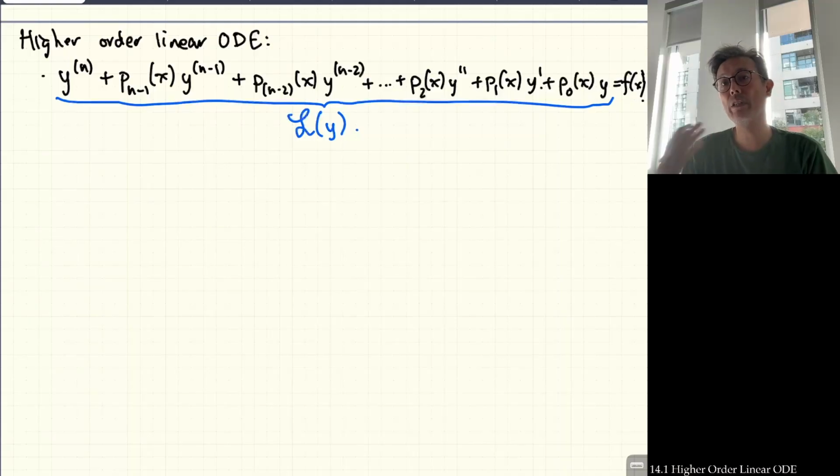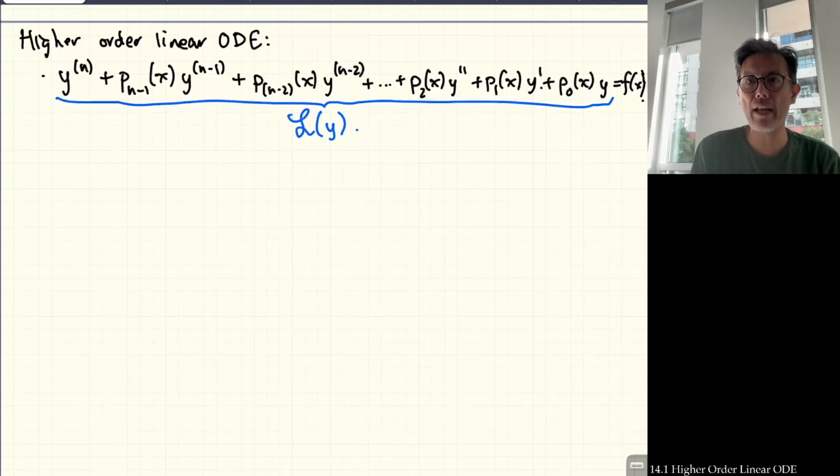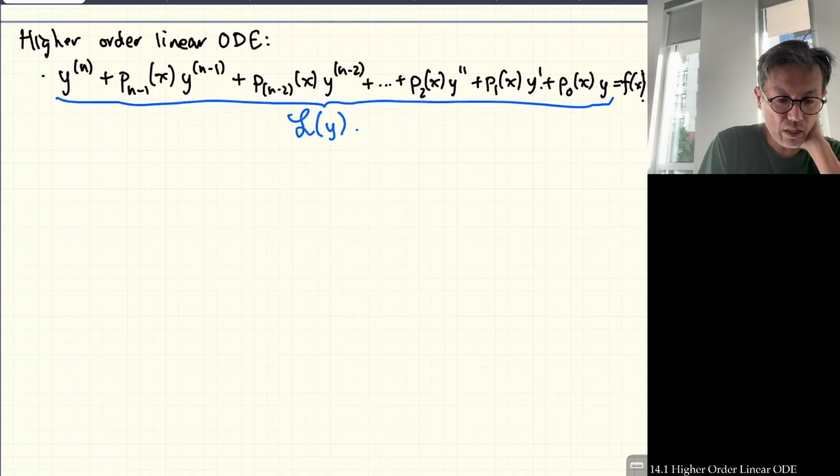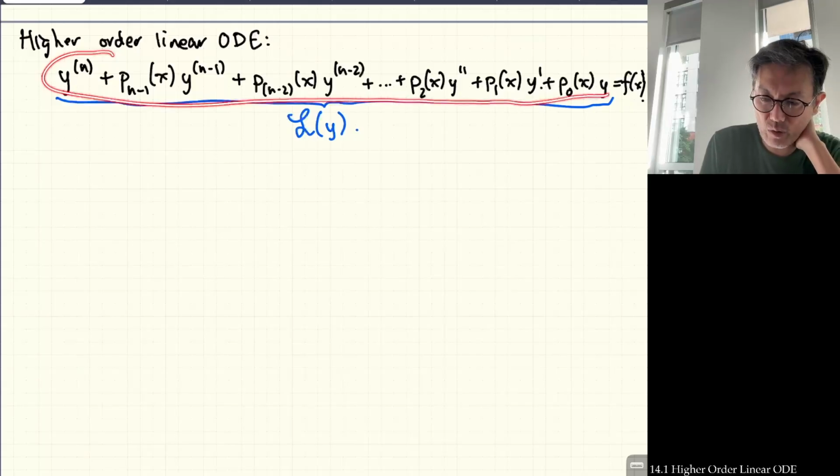L is what's called a linear operator. Okay, it's an operator because it's kind of like a function that eats functions. In this case, L eats y, and what it spits out is another function. What function? If we feed it y, it spits out this crazy function.